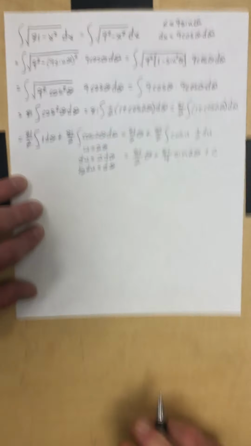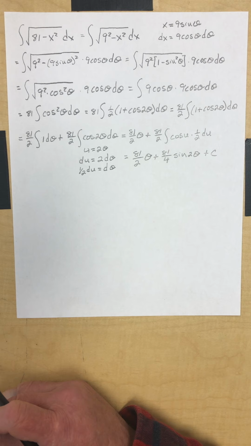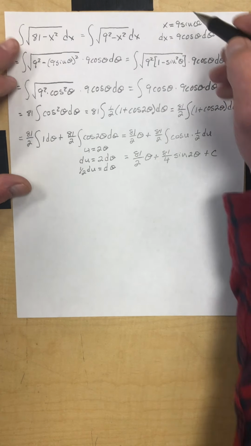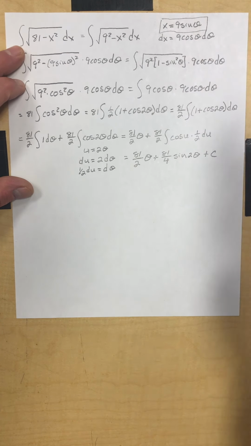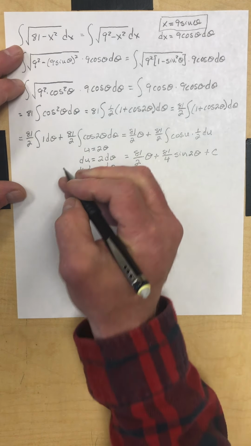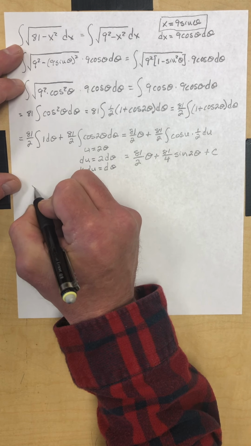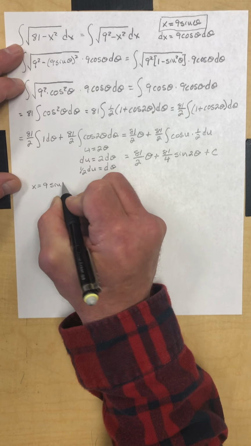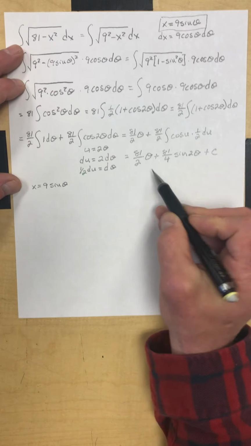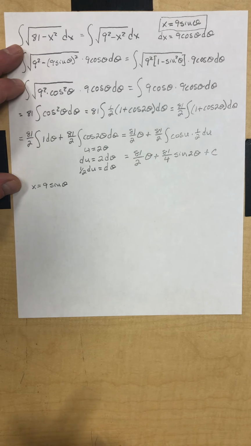plus c. So where we're at right now, we've got to get rid of those thetas. I need everything in terms of x for my answer. So I start by going back up here to x equals 9 sine of theta. I can figure out what theta is and make a substitution here.